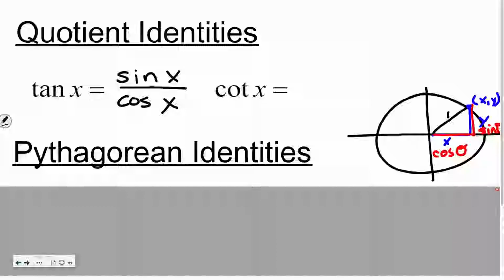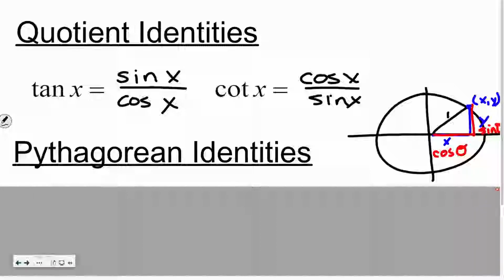It doesn't matter what we put, but something has to always be behind a trig function. You can't just have tan. That doesn't mean anything. And then, of course, what would cotangent be? Cosine over sine. Okay, now, those quotient identities are going to be super helpful because one of my tips later on is, if possible, get everything in terms of sines and cosines. And so this is a great way to turn tangents and cotangents into sines and cosines.